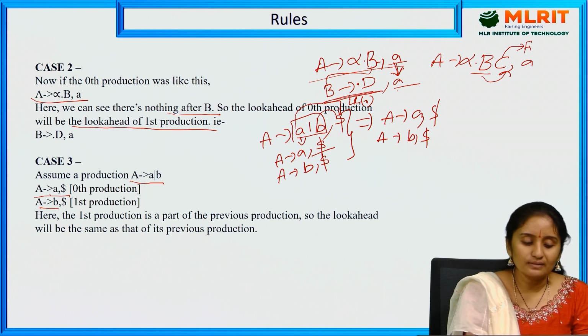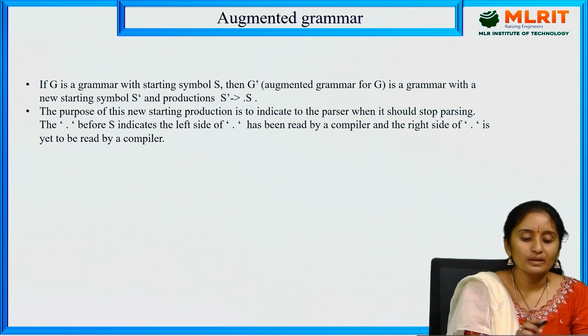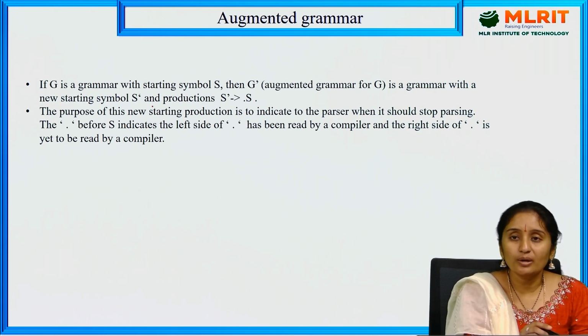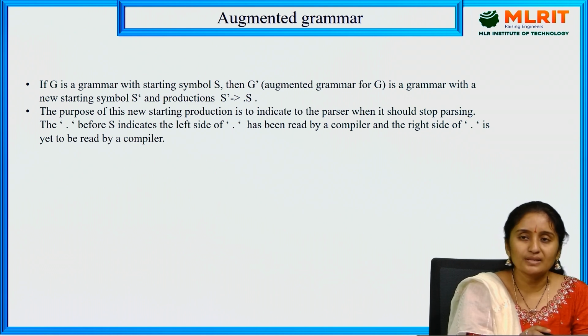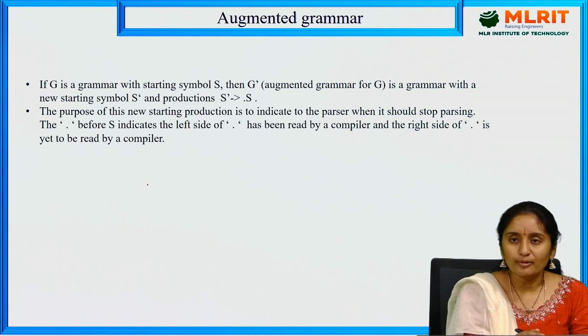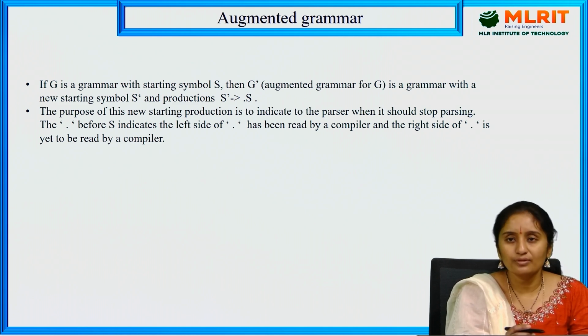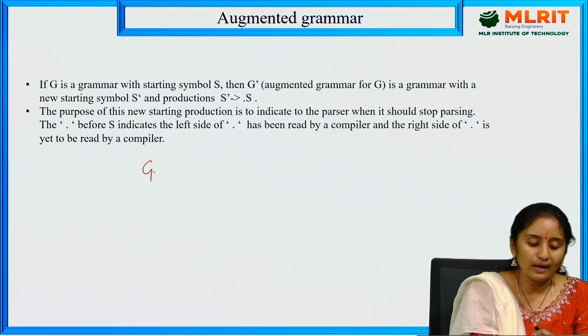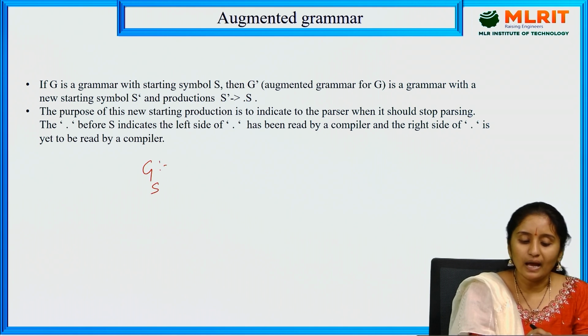So these are the 3 cases we have. Now, what is the augmented grammar? Augmented grammar is nothing but, for the original grammar, we initialize one G dash as an augmented grammar, and the production will be S dash tends to S. For example, I have a grammar with a production S tends to AA.